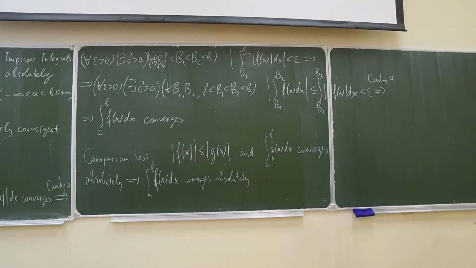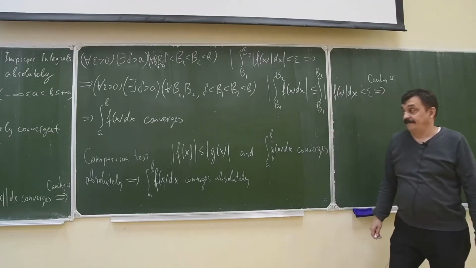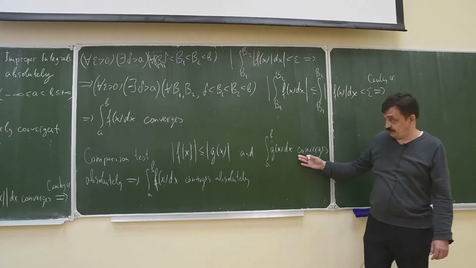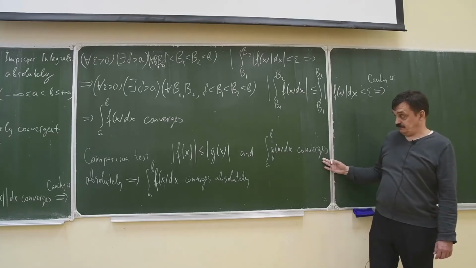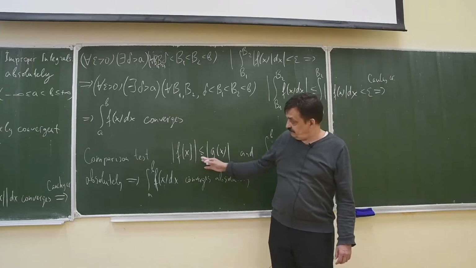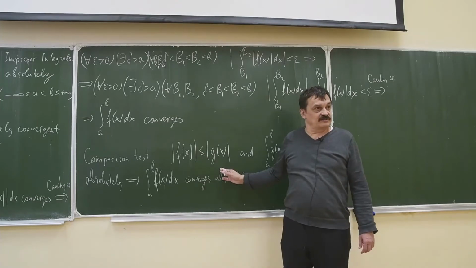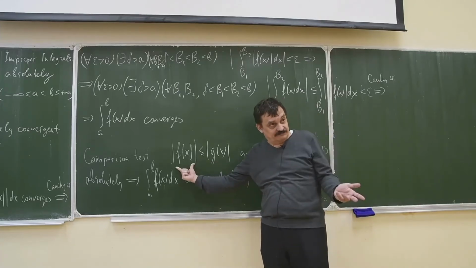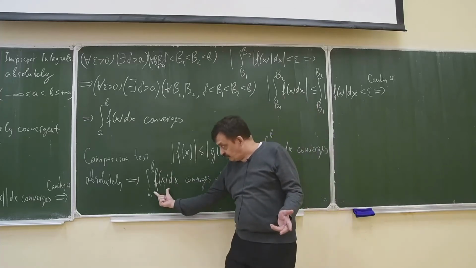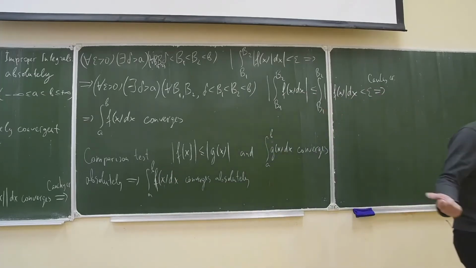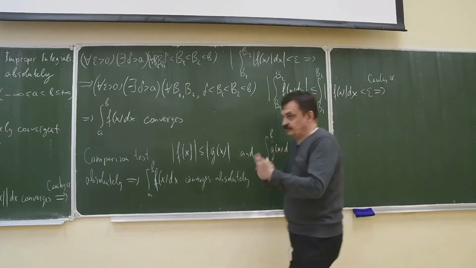Of course, you should suppose functions are Riemann integrable, and so on. I didn't formulate it rigorously, just to show how it works. Because why? Look, what does converges absolutely mean? It means the integral of modulus converges. The comparison test says if two non-negative functions satisfy this inequality, then from convergence of the greater integral follows convergence of the smaller. So the integral of modulus of f converges, and it means the integral of f of x dx converges absolutely. That is how a simple chain of conclusions works.